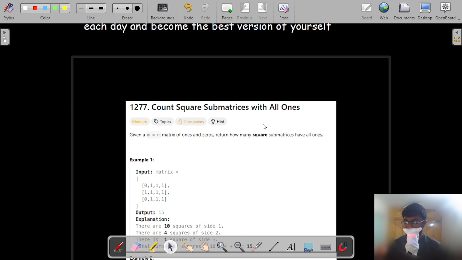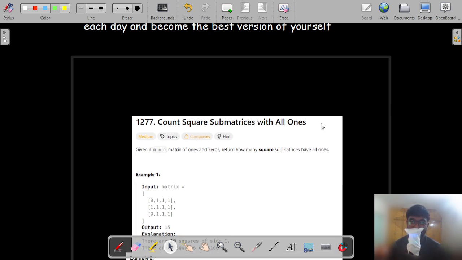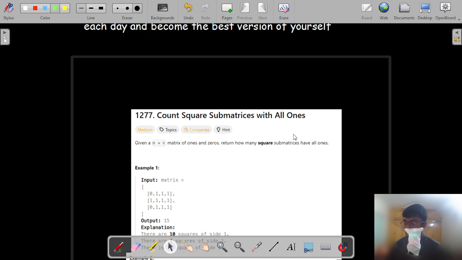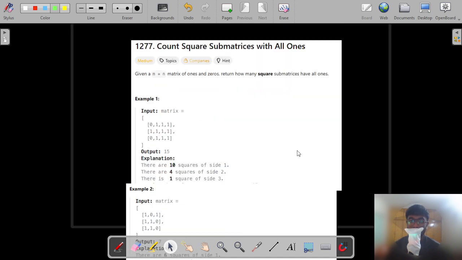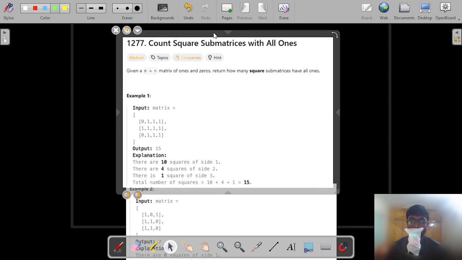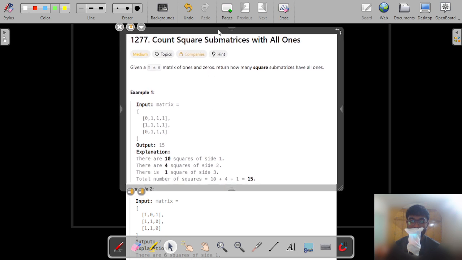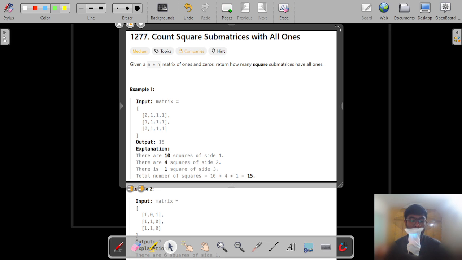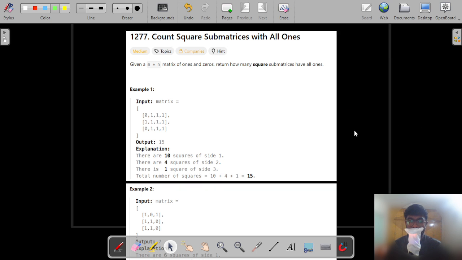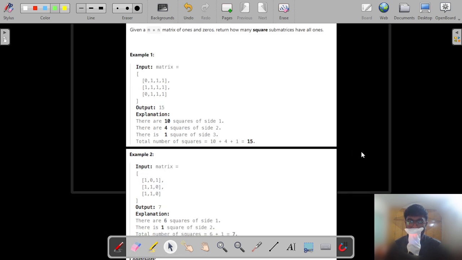Okay, so let us understand this problem. 1277, count square submatrices with all ones. Given an m cross n matrix of ones and zeros, return how many square submatrices have all ones.